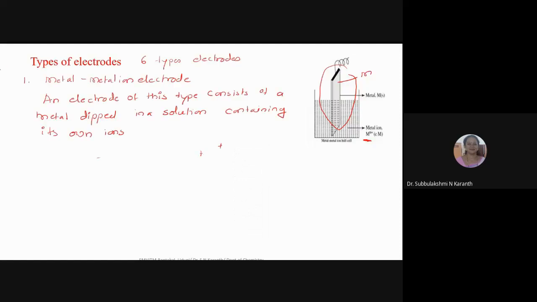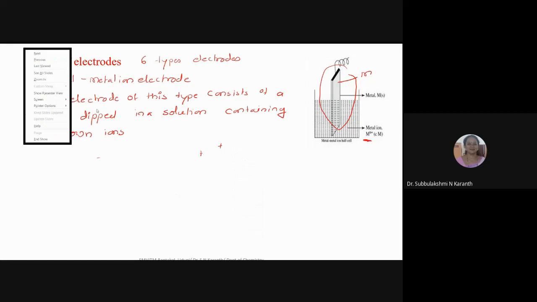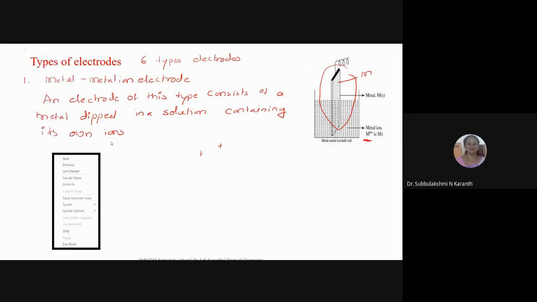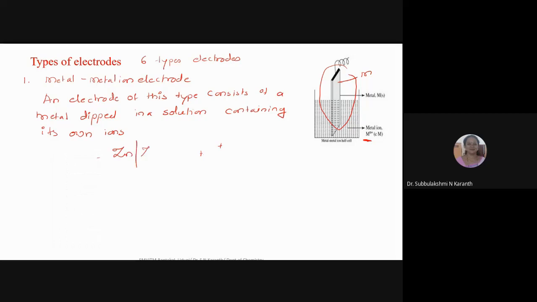I'll take a simple one: a zinc electrode dipped in a Zn2+ solution, or Cu dipped in a Cu2+ solution. So this is an example of a metal ion electrode.